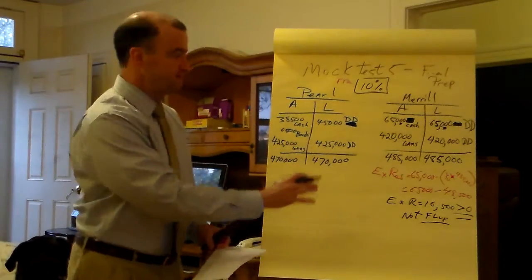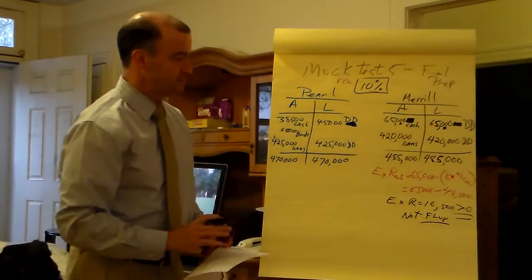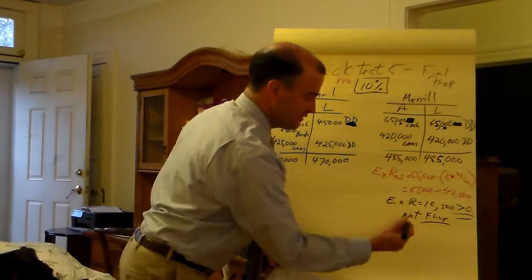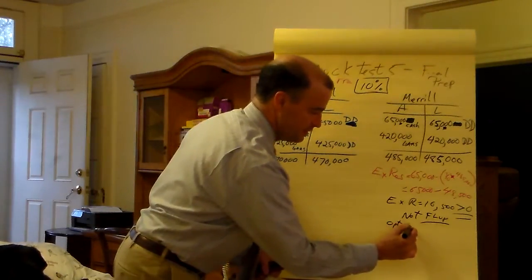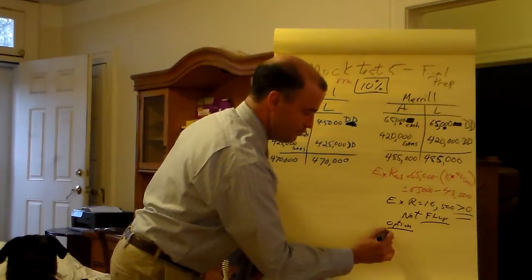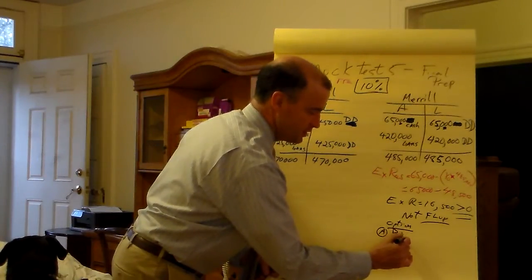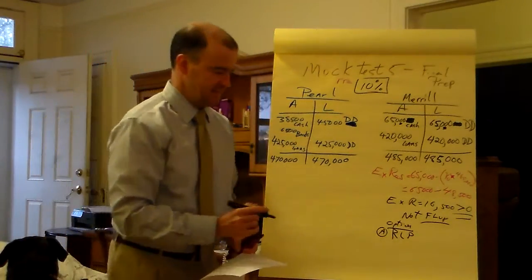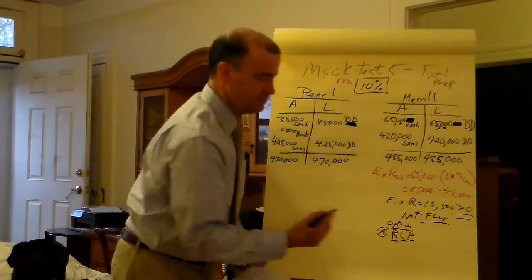One thing you know that Merrill can do, as we did today with the example in class of Holly at 10%, we know with these positive excess reserves, she has the option of making more loans. If she can make more loans, then the question is, well, how much more in loans can she make? That gets us into the remaining loaning potential.